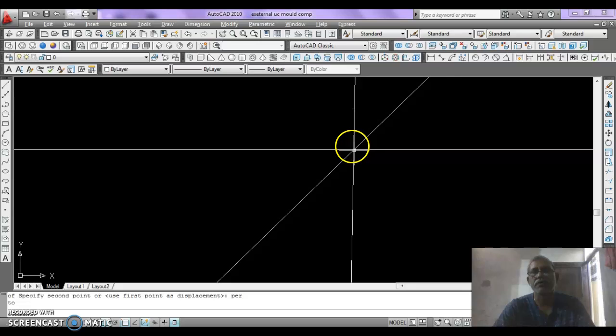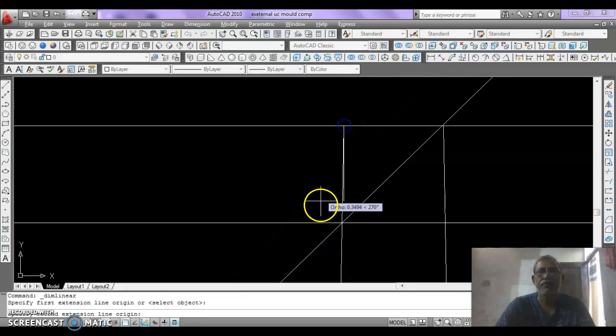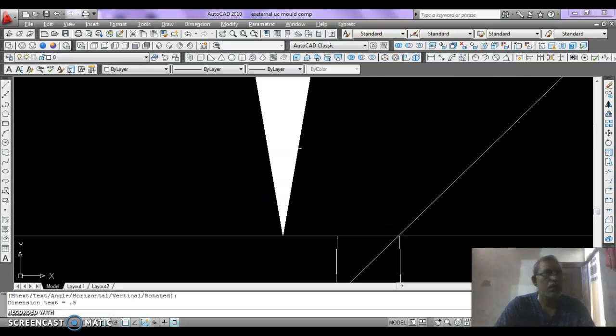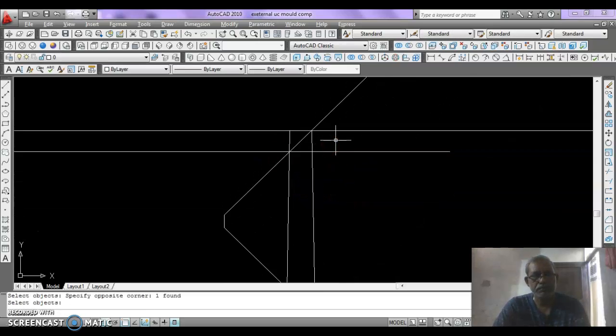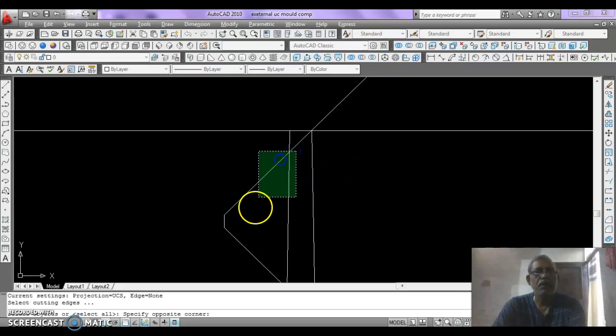Now it is okay. You can check it is 0.5. Now erase this and also erase this line and trim all these lines.